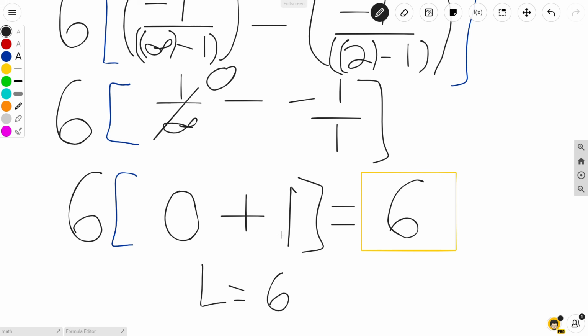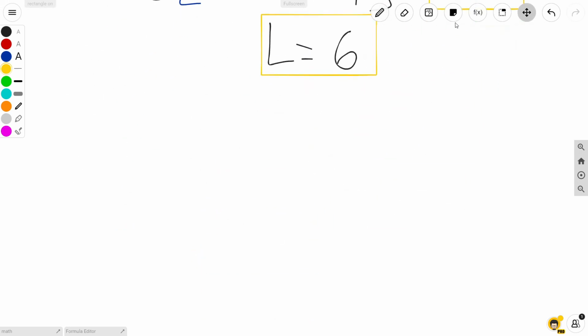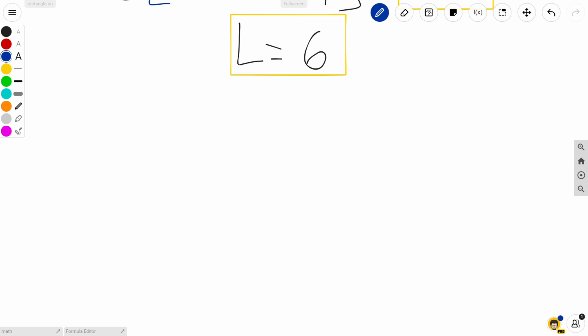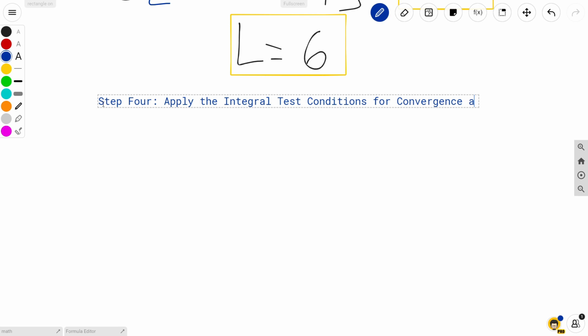Now that we have our L, the next step is to apply, I'm going to go ahead and write it down here, our final step is to apply the integral test conditions for convergence and divergence.